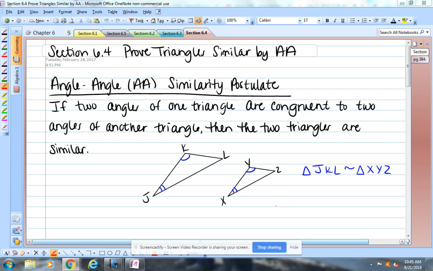K and Y have the same little tick mark, so they're in the same position. So that means L and Z must be equal measures. Does that make sense? Okay, so if I know two angle measures in a triangle are similar to two in another, then these two triangles are similar. So that's what that says. It's halfway down the middle of your page. You can highlight that on your theorem sheets.